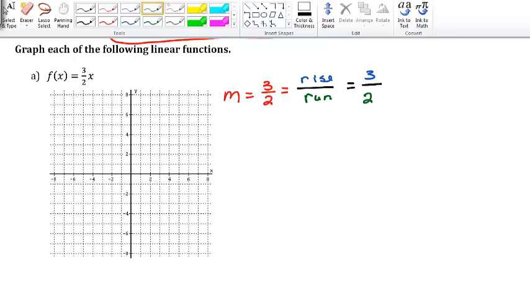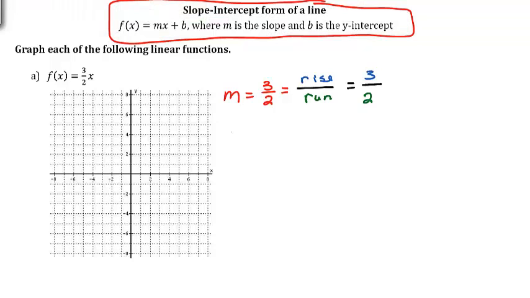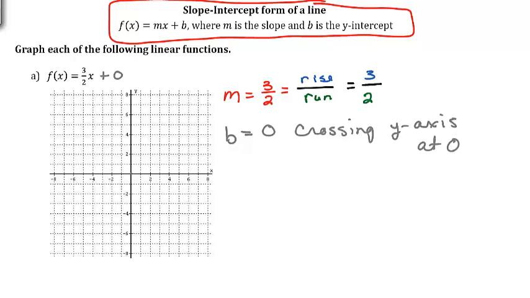And b, for this particular one, b would be the plain old number being added here, but we don't have any plain old number here, so we could think of that as being plus 0. And so our intercept is 0, and so it's crossing the y-axis at 0. So that gives us this point 0, 0.